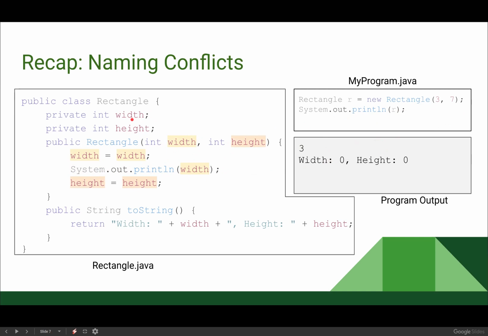They're initialized to 0 just by default because that's how classes work. So when I try to access my width and height from toString, that width and that height, which never got touched inside of my constructor, are both going to stay 0. Now, there is a way to fix this without changing the names of my parameters.